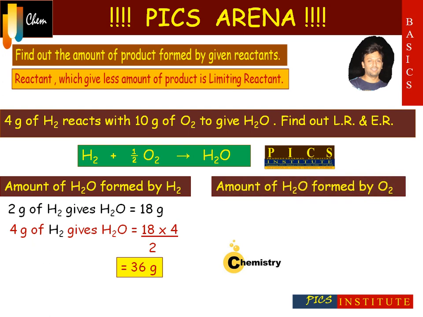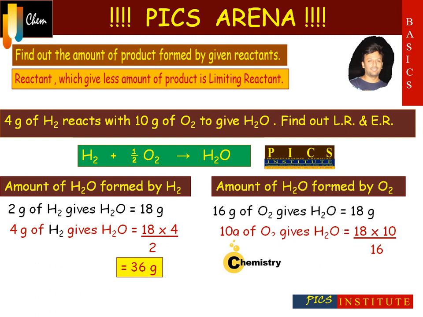Now the amount of H2O formed by O2: from the reaction we can say 16 gram of O2 gives 18 gram of water, and the given amount of O2 is 10 gram. So we can say 10 gram of O2 will give 11.25 gram of water.